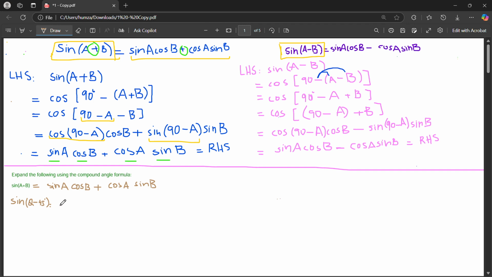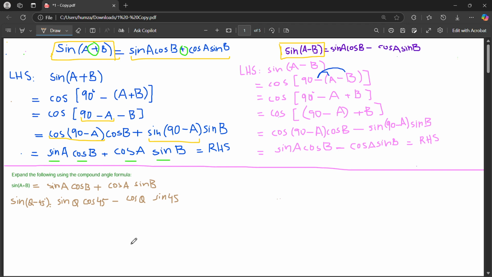So that is your sin, cos, cos, and your sin. Now there is a negative sign in the bracket, we will put negative sign in between these two. Now sin theta, cos theta here, sin 45, we will write 45 degrees here, and with sin this side we will write sin 45. So this is how we will expand.